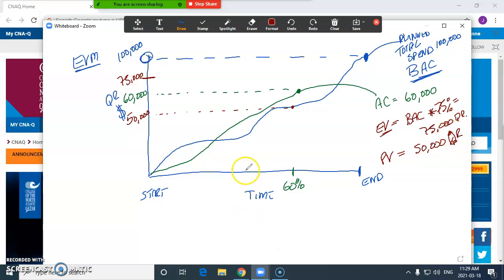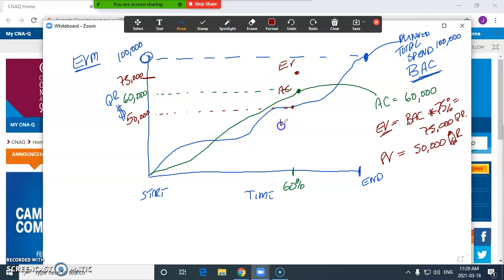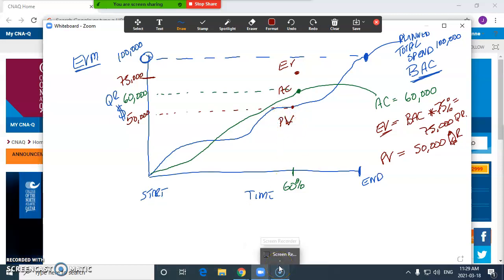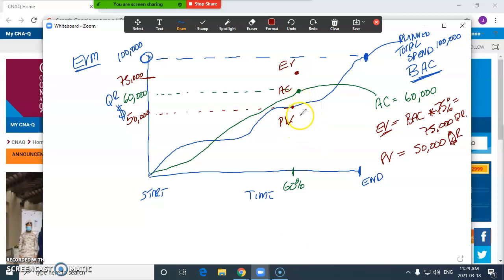So here we've got our earned value up here. We've got our actual costs, and we've got our planned value. So our actual costs are much higher than our planned value. So it looks like we're down 10,000 real.